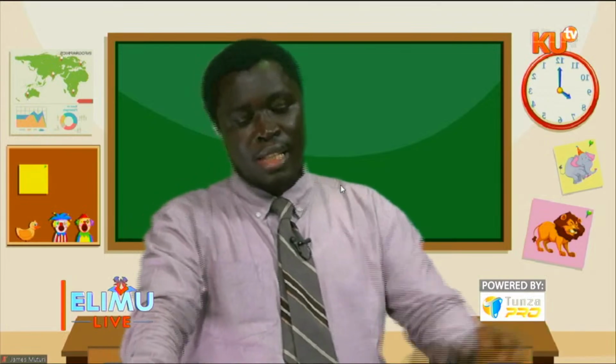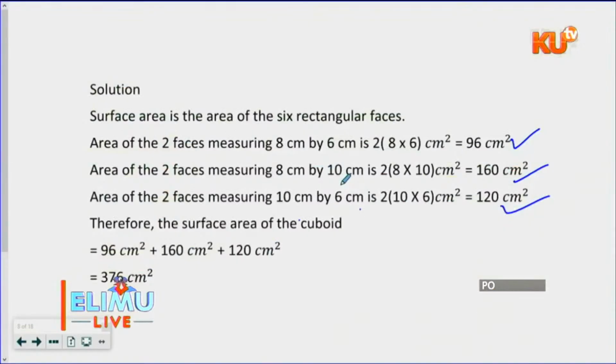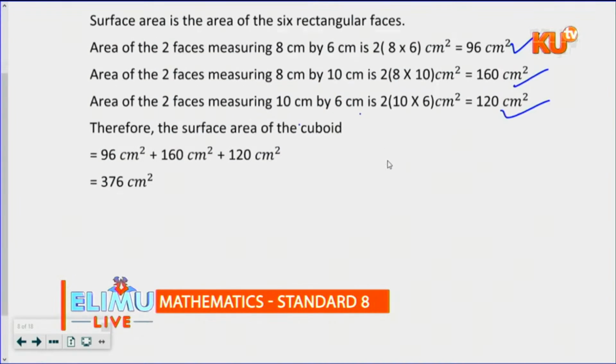And that one is clearly indicated here when we talk of area of 2 faces, measuring this by this. And now we come to get the total surface area.